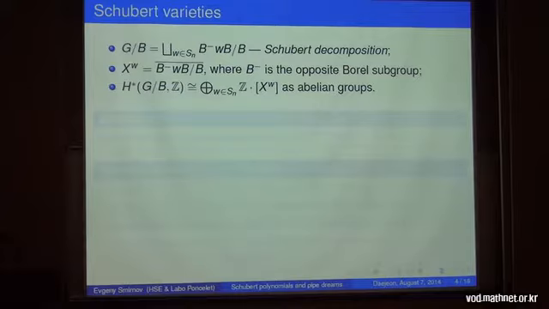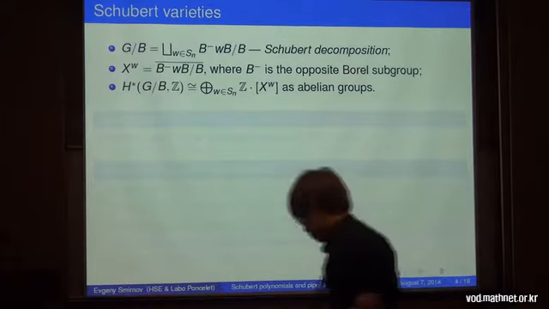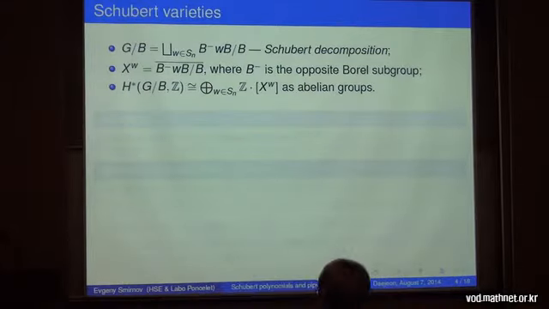This is the Bruhat decomposition of GL_n, and this gives you the Schubert decomposition of your full flag variety. So your full flag variety is represented as a disjoint union of such B minus wB mod B. Each of those is isomorphic to an affine space.